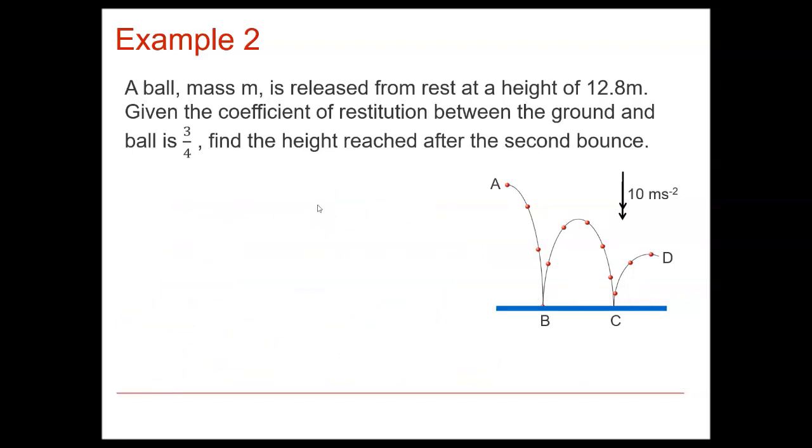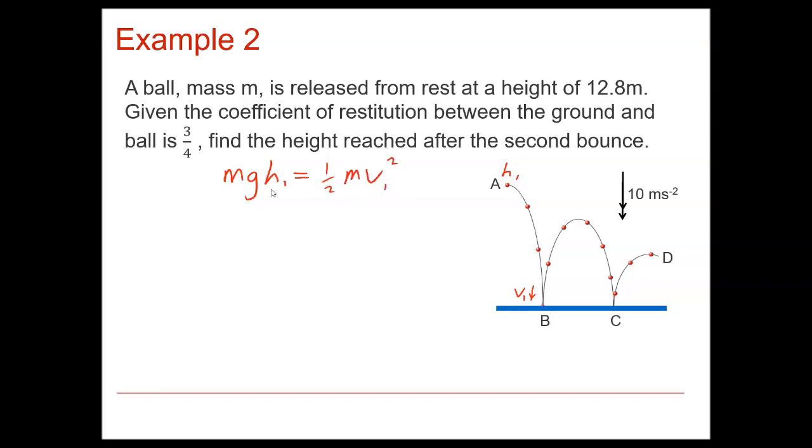Now we said we could do this using energy as well, and there are various stages in terms of how simple we can make this. The main idea is that, suppose I call this height h1, and the speed that the ball has at the end of this drop, we'll call v1. Conservation of mechanical energy tells us that mgh1 will be equal to half mv1 squared.